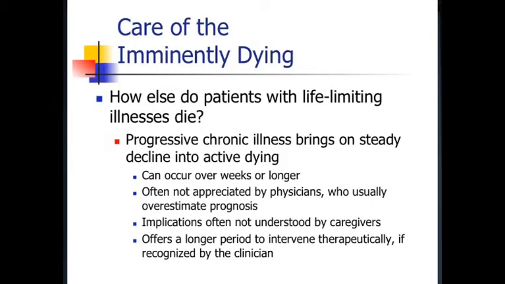The implications are often not understood by caregivers, and that's obvious by the conflicts, the tensions that very commonly are experienced, where caregivers may expect aggressive medical management to happen when we are thinking to ourselves that it would be appropriate medically to remove some of this aggressive treatment, since it isn't going to alter the prognosis, because we recognize that active dying has started.